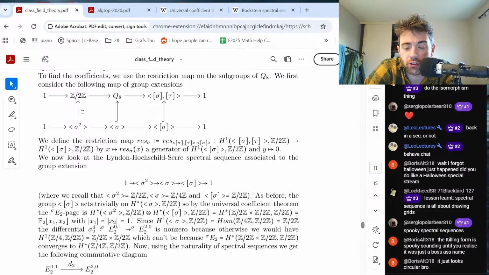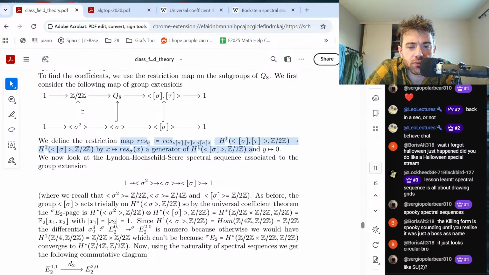It just looks circular, or does it look spherical? We define the restriction map here. Sure, I guess I could believe... Wait, what?